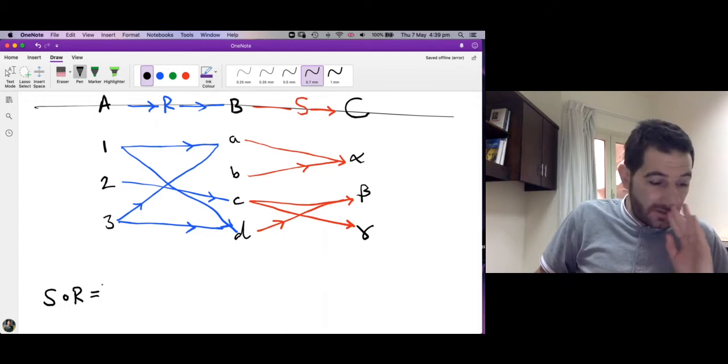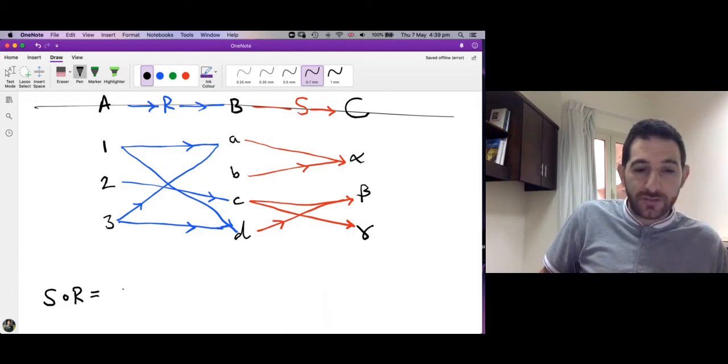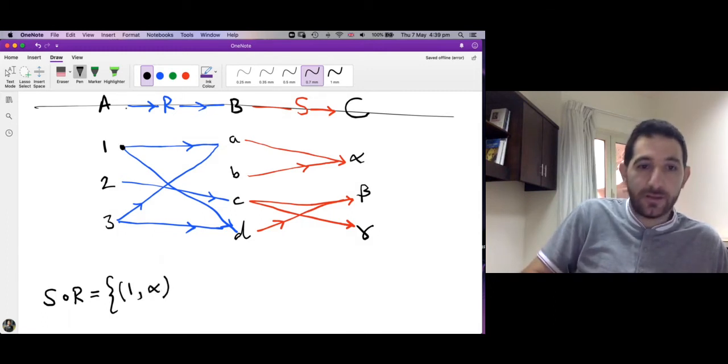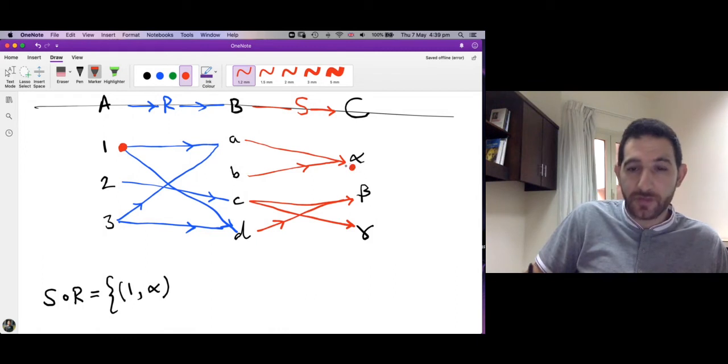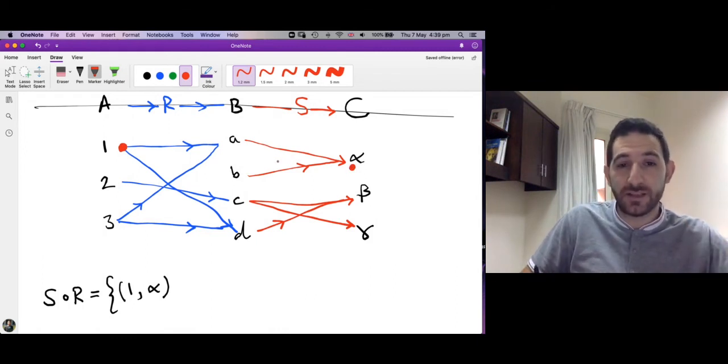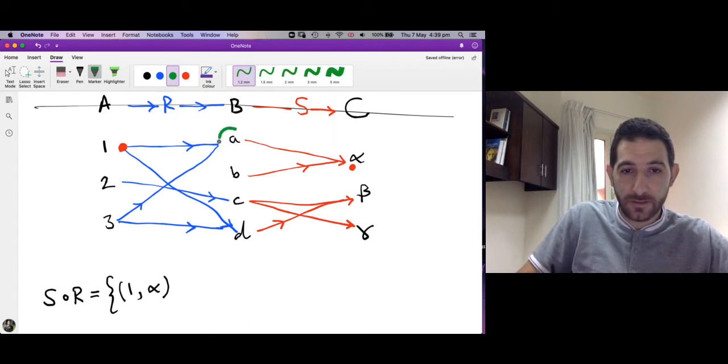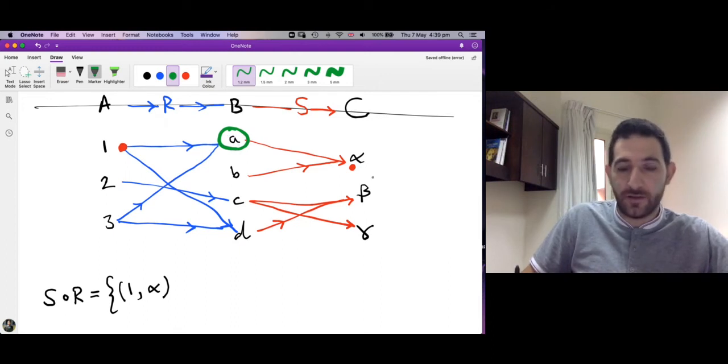It will be the relation from A to C, which is given by, so look here, 1 is related to alpha. Why is 1 related to alpha? Because there exists an intermediate element, which is A here in B, such that 1 is related to A and A is related to alpha.